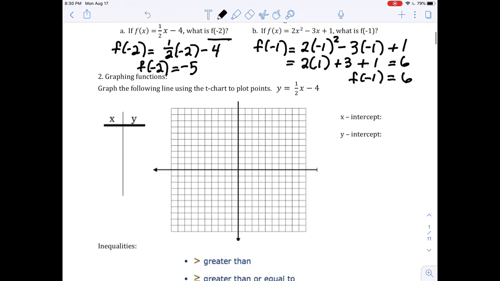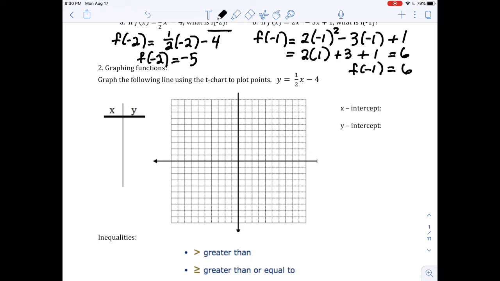The second prerequisite skill is graphing functions. Whenever you graph functions or equations, one of the most efficient ways is to use something called a t-chart. A t-chart is kind of doing what we did up at number 1, where you select some inputs to the equation or the function, plug it in, and get your output.